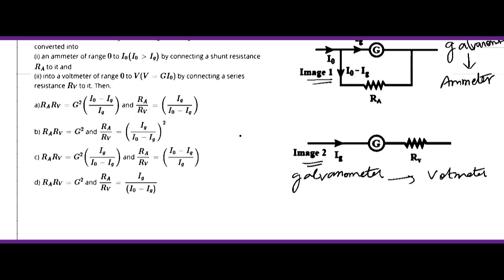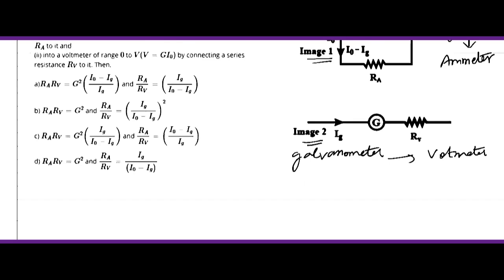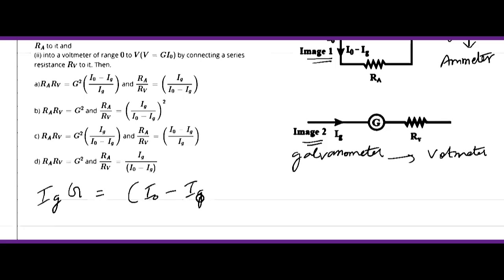Now, when you convert a galvanometer to an ammeter by shunting in parallel, what happens? The galvanometer resistance and the shunt resistance are going to be in parallel. So when we apply the loop law, we get Ig times G is equal to (I0 minus Ig) times Ra.